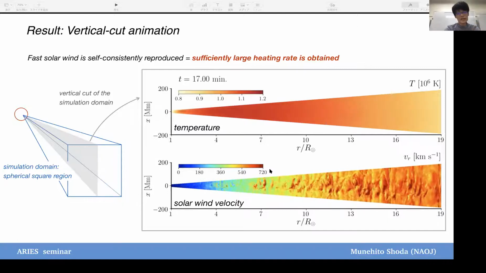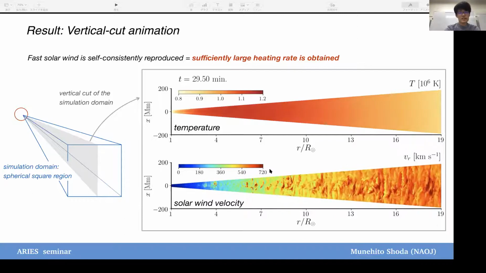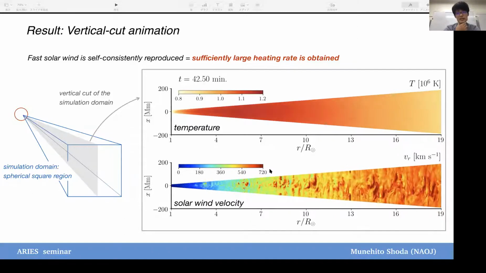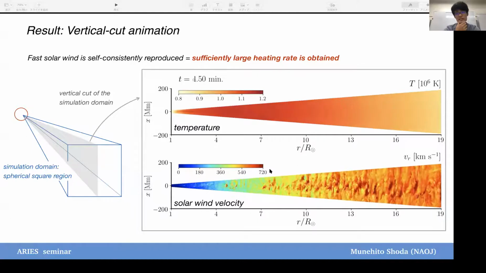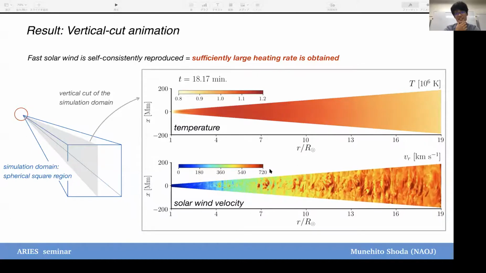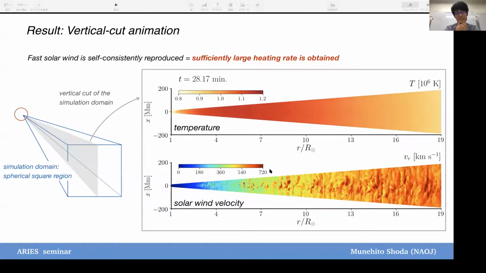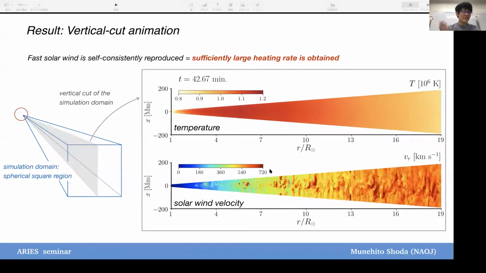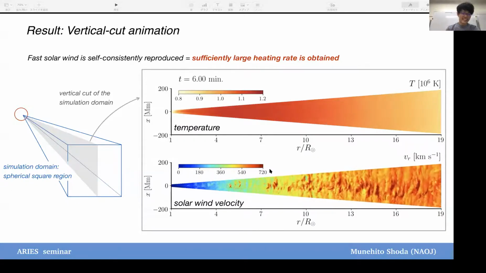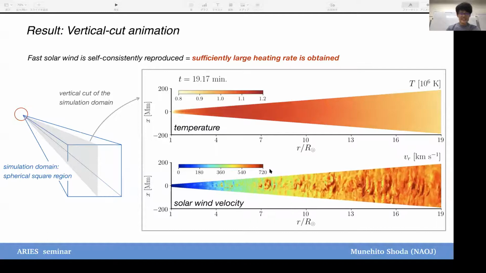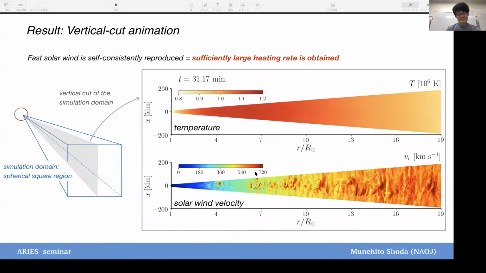So it just depends on the configuration, or the parameter setup. But anyway, at least the fast solar wind can be accelerated above 10 solar radii. But sorry, I don't have any clear opinions about the CME acceleration. Okay. Thank you.